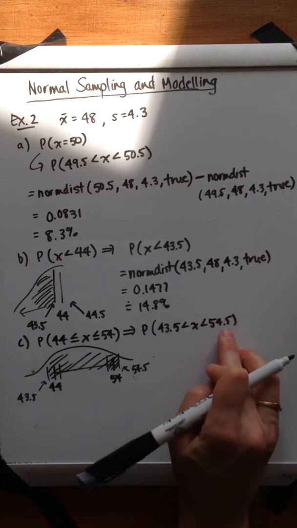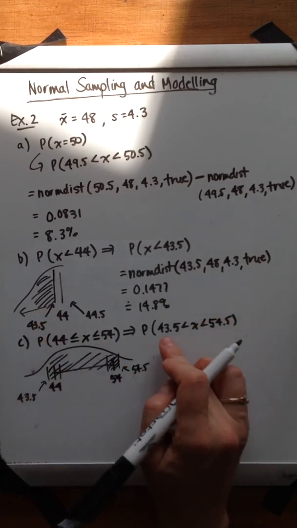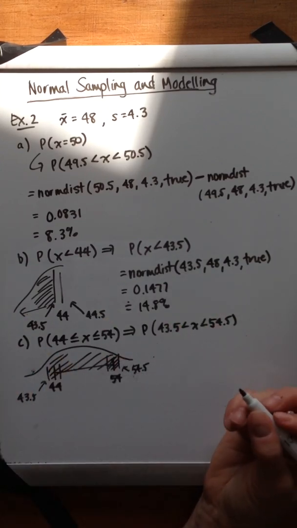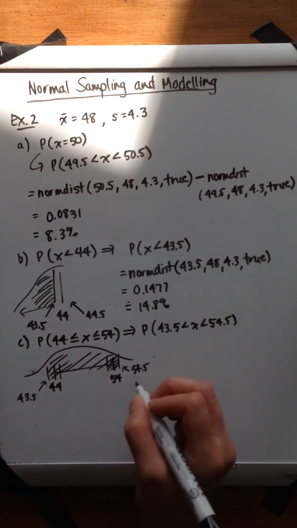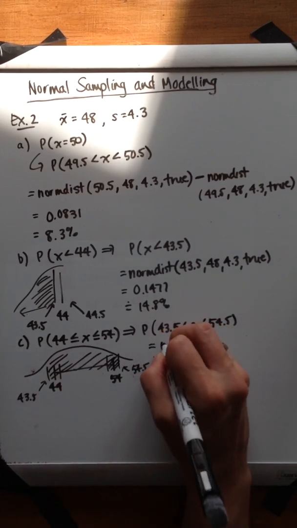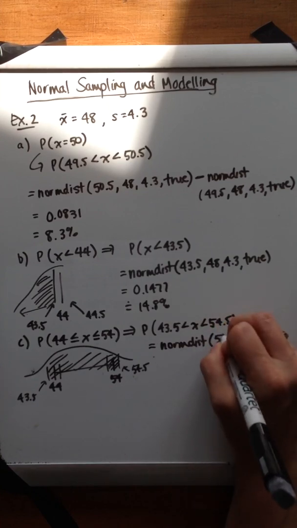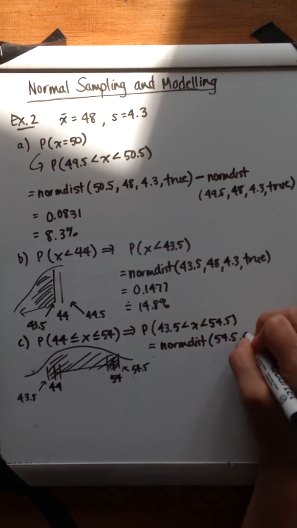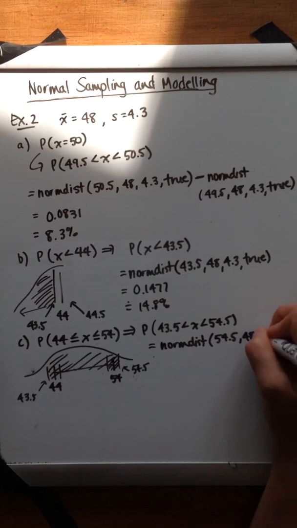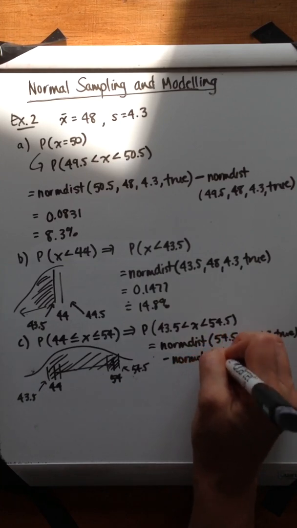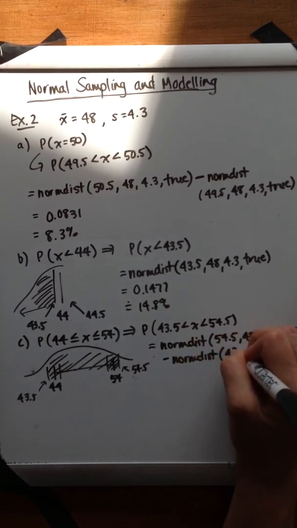So I'm going to have to do the area from here to the left, subtract the area from here to the left to give me the difference between them. So programming this would be norm dist for the higher value, same mean, same standard deviation, minus norm dist for the smaller value, 43.5.